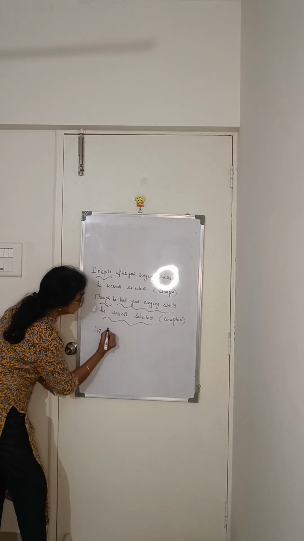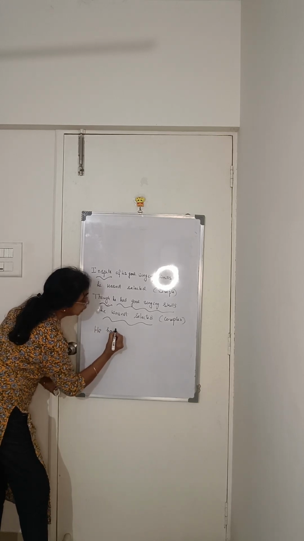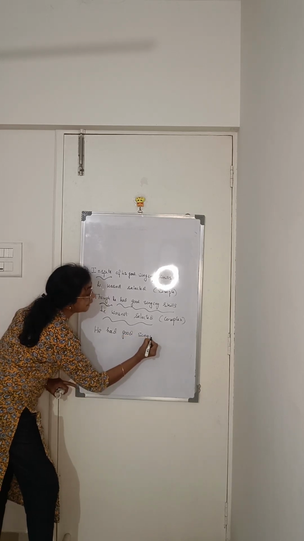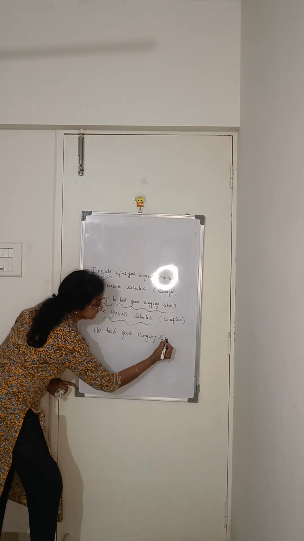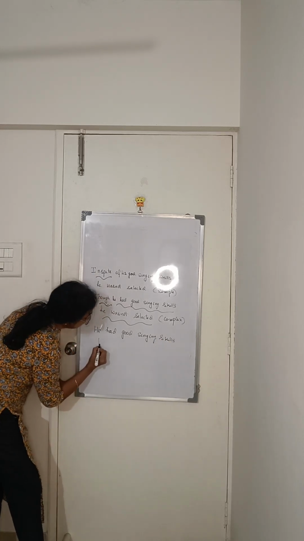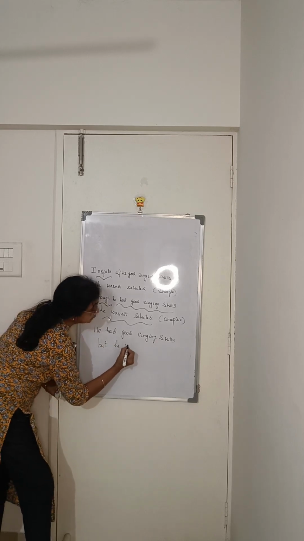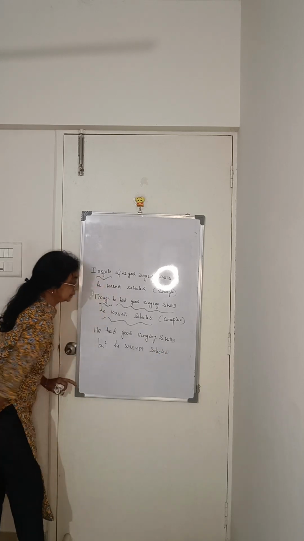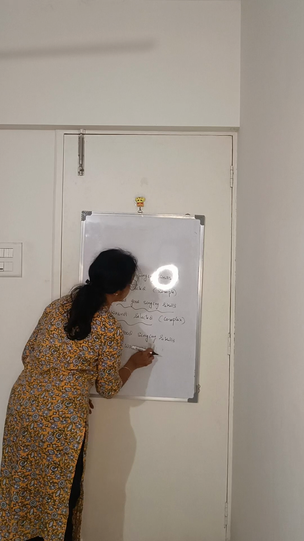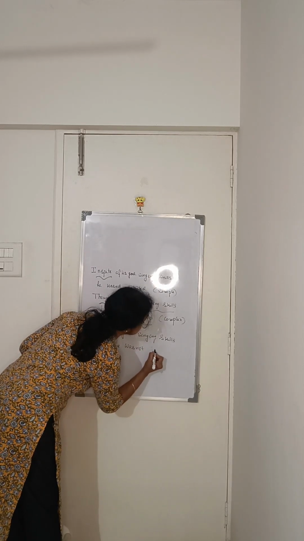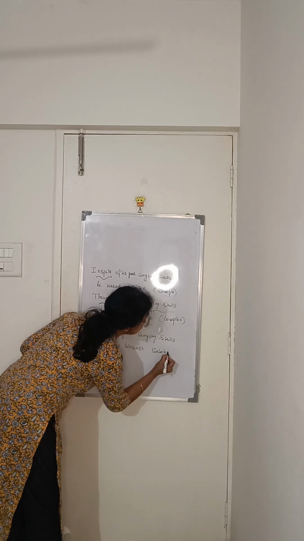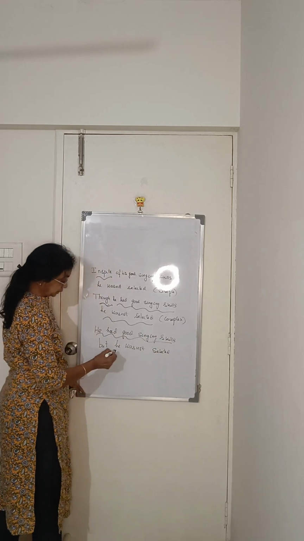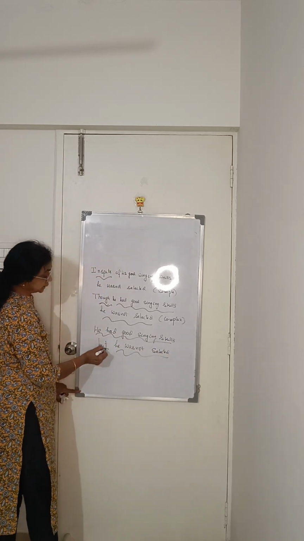He had good singing skills, but he was not selected. Understood? He had good singing skills is a main clause, and he was not selected is a main clause, joined by but.